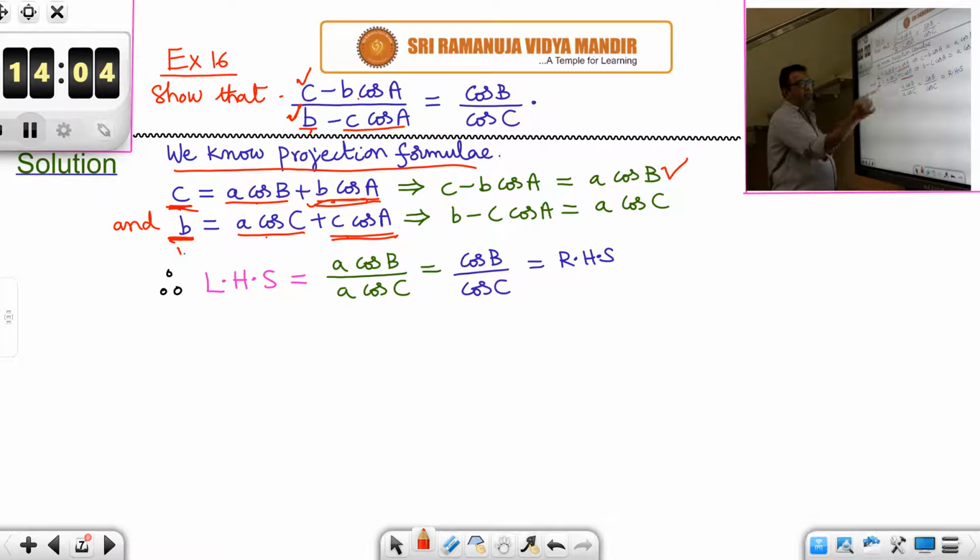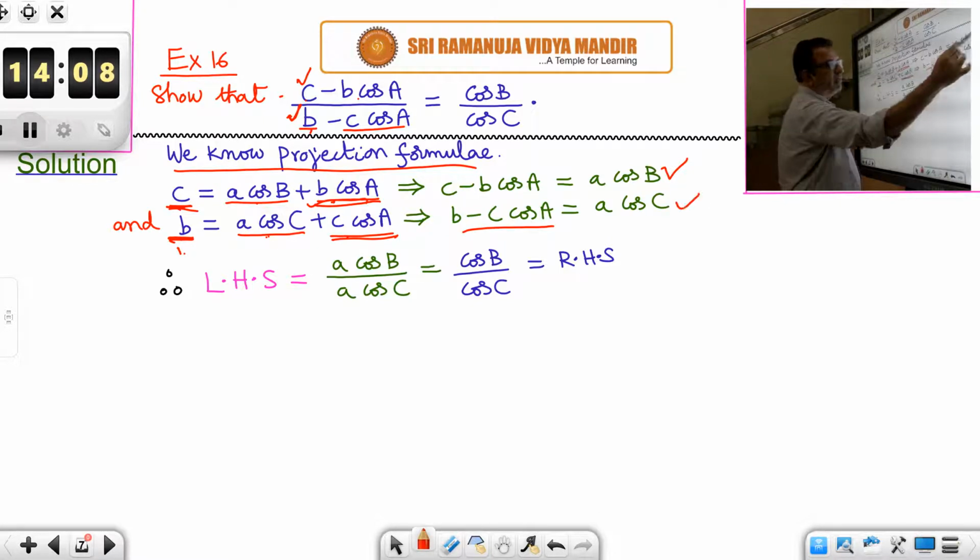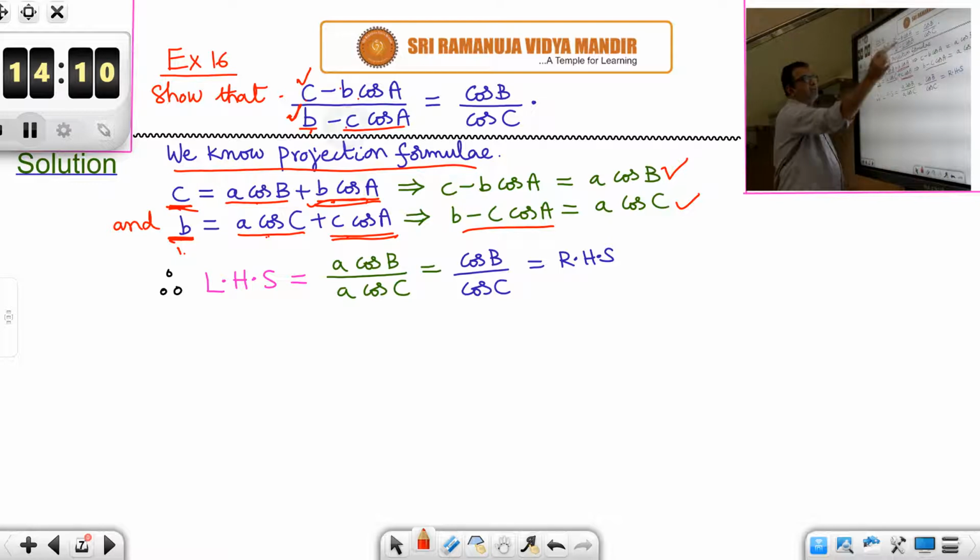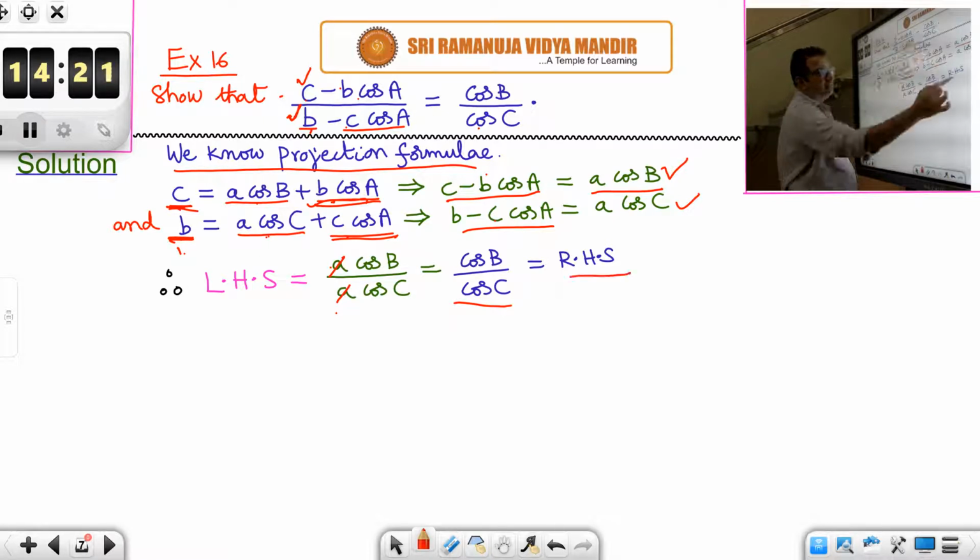So b minus c cos a is equal to a cos c. That is what I have written here. Now divide this by this: a cos b by a cos c. So a gets cancelled. You will get cos b by cos c, that is the right hand side.